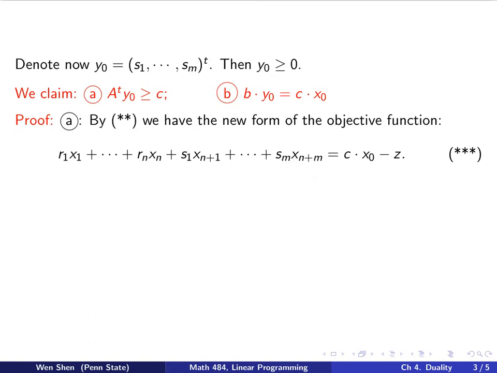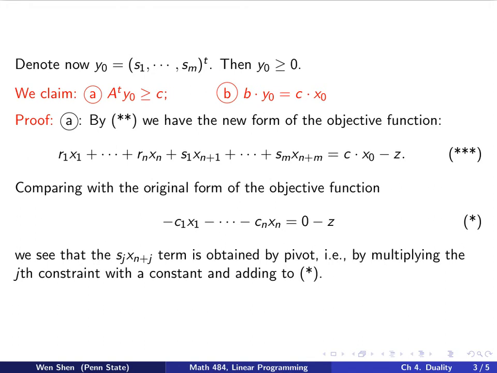You add them all up, it should equal c dot x naught, the optimal value, minus c dot x. Let's call this relation triple star.